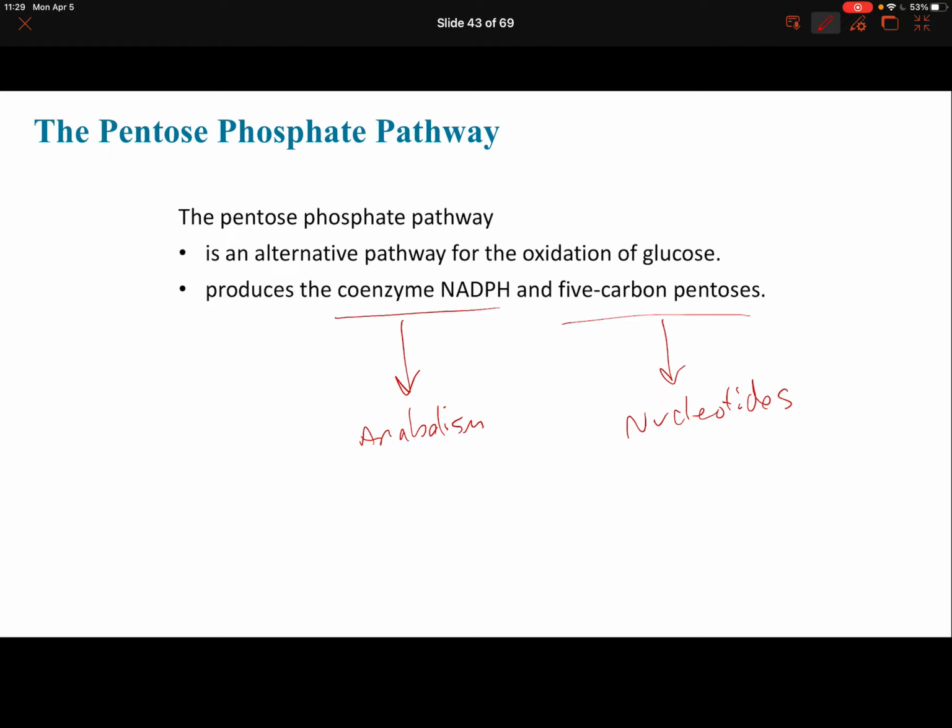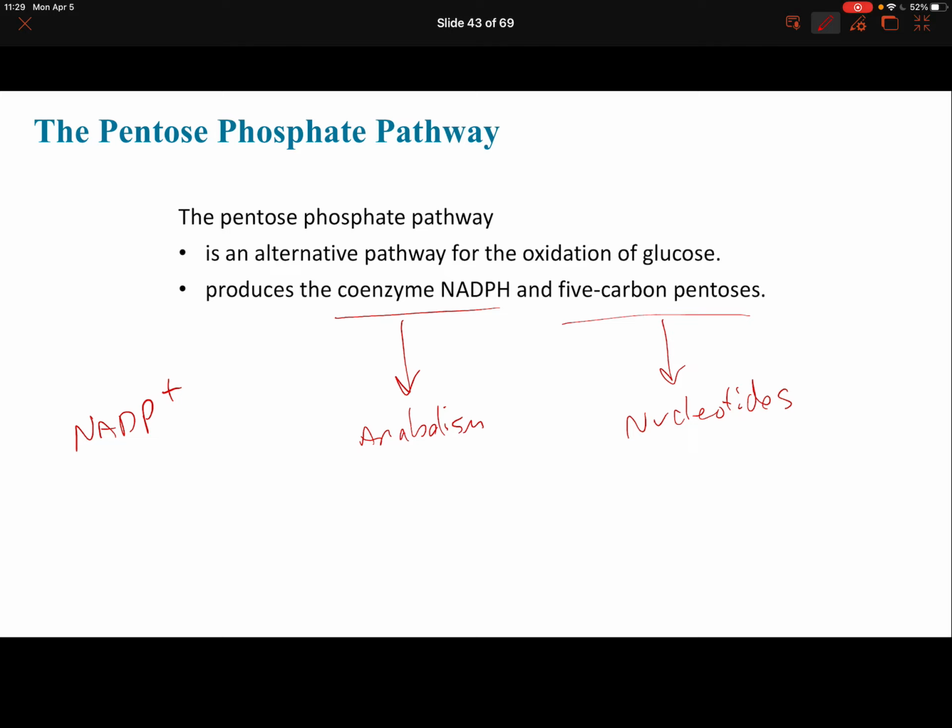So the NADPH, the reduced form of NADP plus, is an important coenzyme in anabolic pathways, including, like I said, fatty acids and nucleic acids, but also cholesterol. Like we talked about, cholesterol has a lot of functions too, and it's a precursor for a lot of steroid molecules.